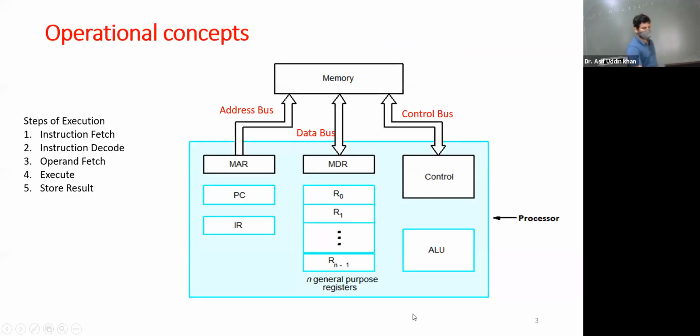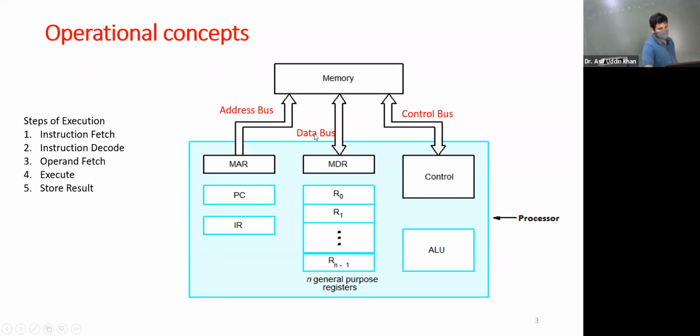So this is the diagram that shows the execution of an instruction. It shows the basic operational concepts, how an instruction is executed. Now you can see this is your processor and this is your memory, and the processor and memory are connected by 3 buses: address bus, data bus, and control bus.